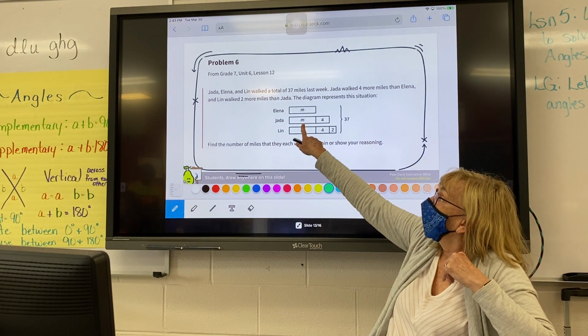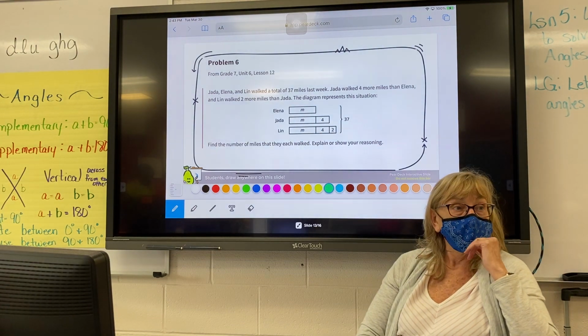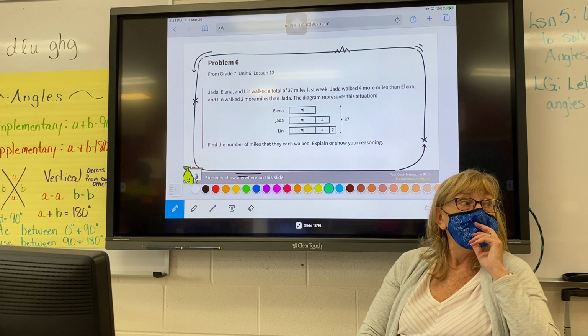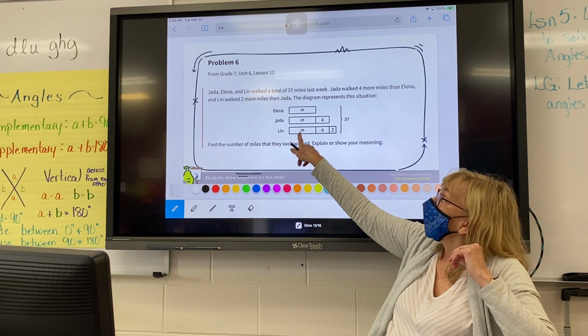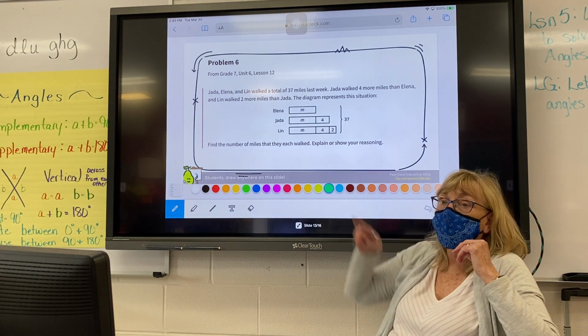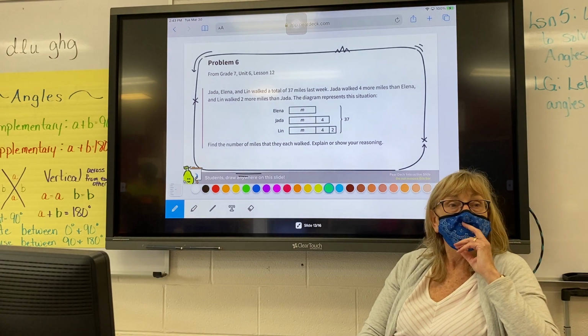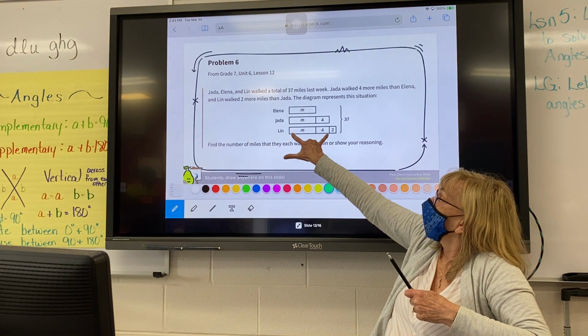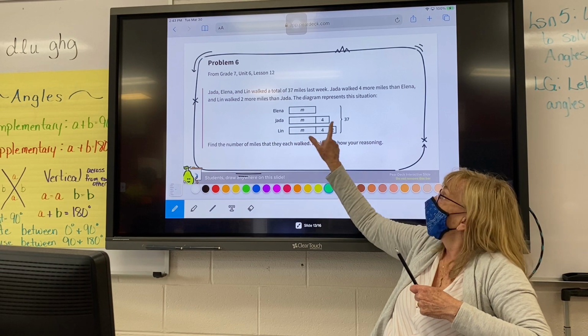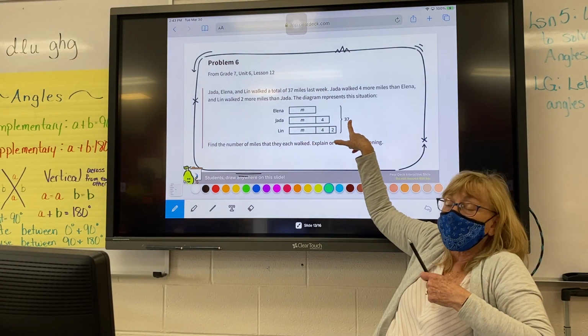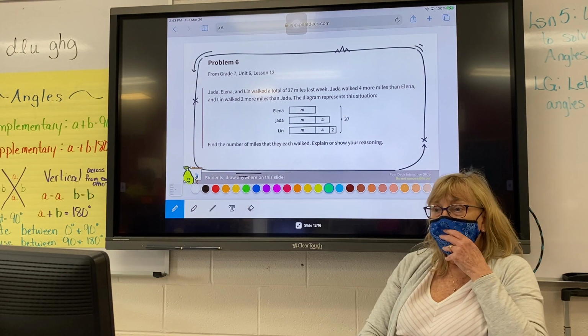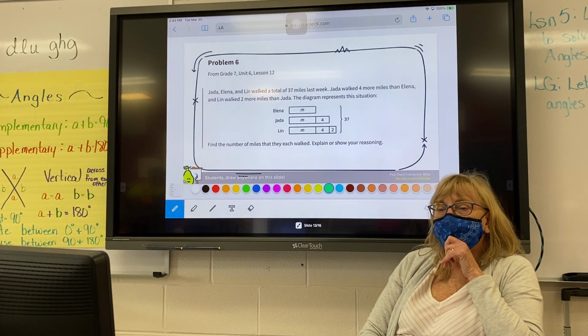Why is Jada M with a piece of 4 added on? Because she walked how much Elena did plus 4 more miles. Why is Lynn M plus 4 and 2? She's the same as Jada, and then she did 2 more. What does this mean? The total. The total is 37. All right, solve it. Go.